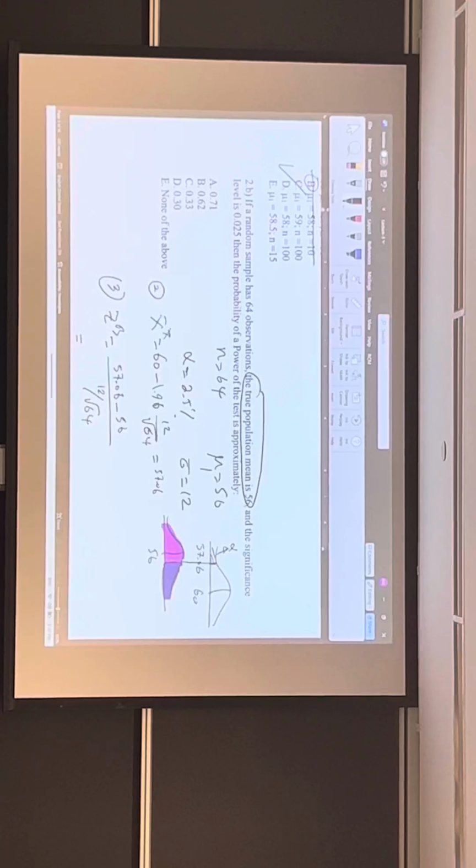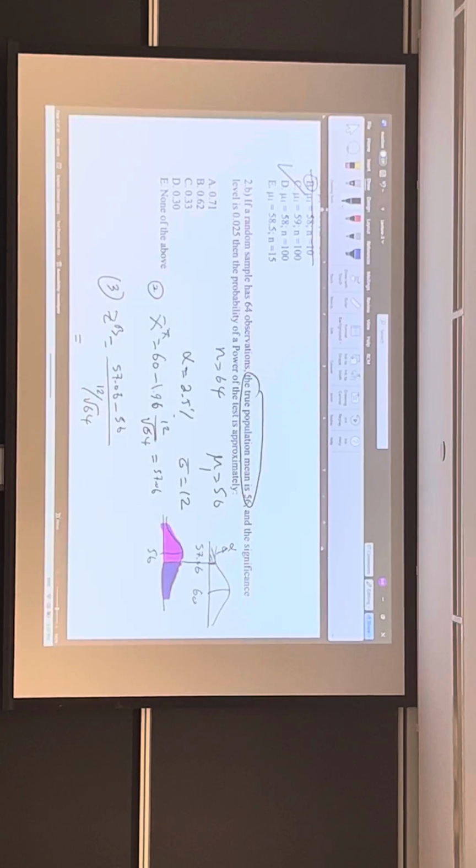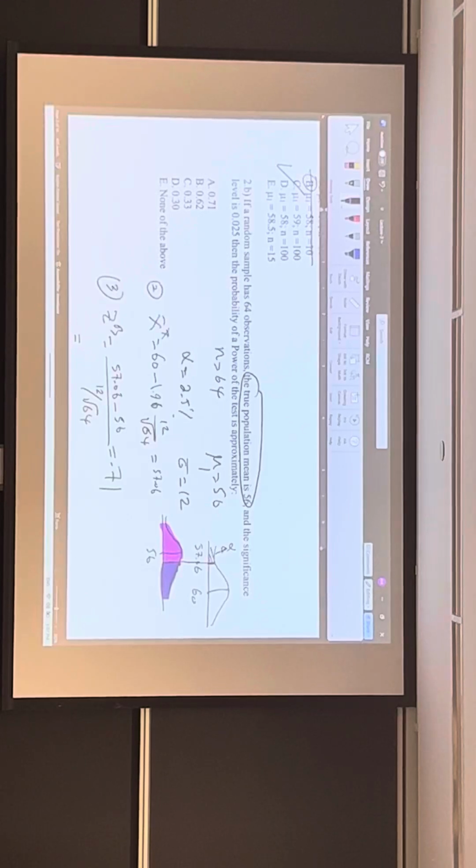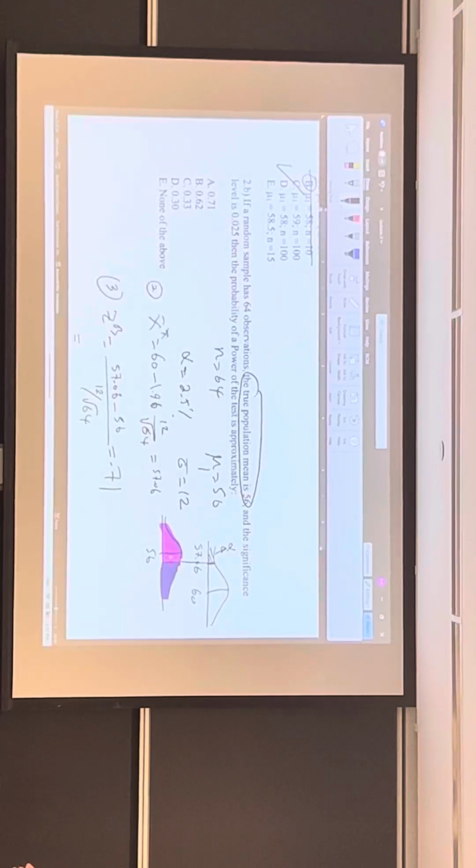Here's a positive number. How much do you get? 0.71. That Z beta allows you to calculate either of these two, depending on the case.